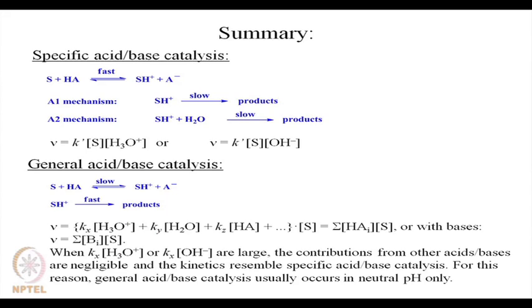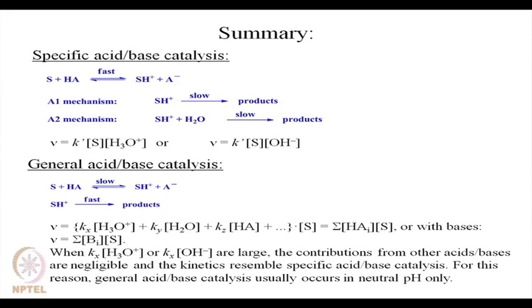Specific acid base catalysis occurs when we take the acid or base to a large extent. So, the contribution of the other part, that is from water or from HA, becomes negligibly small, and then general acid base catalysis is converted to specific acid base catalysis. Also in pH neutral condition, general acid base catalysis is promoted.